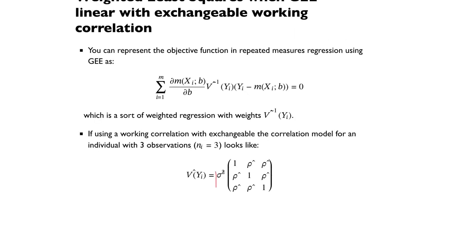Okay. Again, I don't want anyone to get fixated on the math here, but this gives you sort of the technical explanation for what's happening. So when I'm using exchangeable, here's my estimating equation, and this is like weighted regression, except this isn't just a vector of weights, you don't get a single weight for every observation, it's a matrix. So it's more complicated mathematically, but it's a matrix.